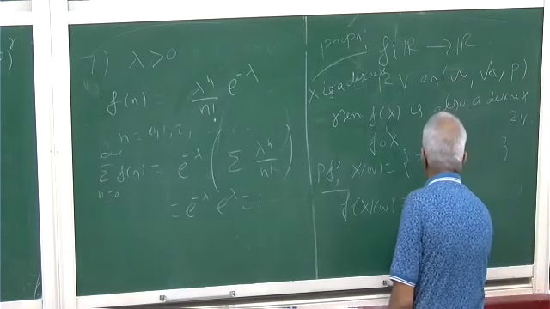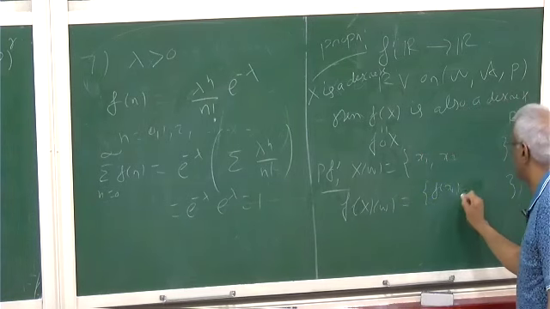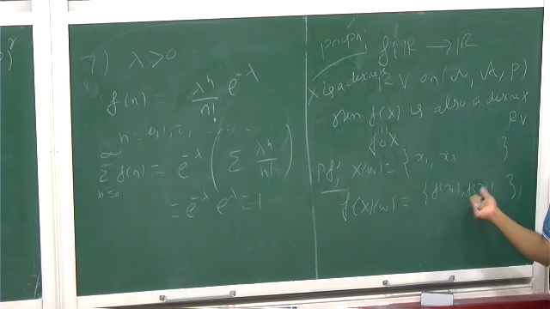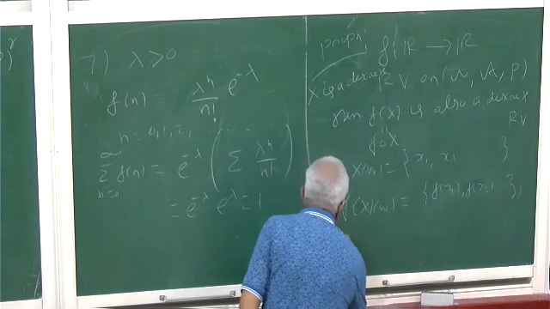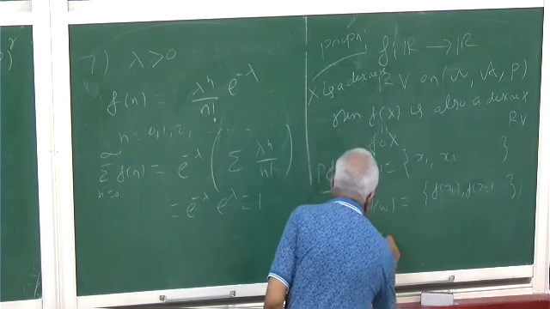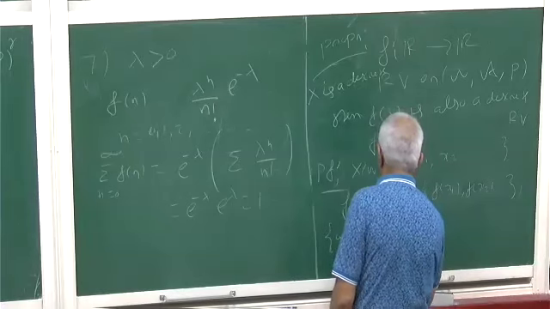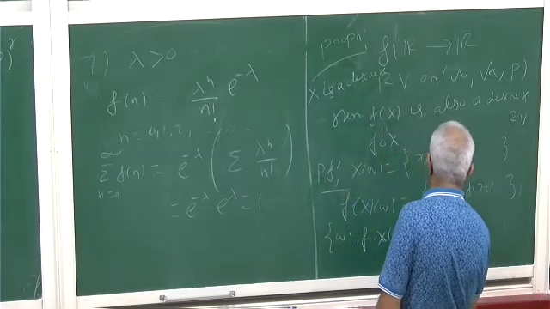F of x1, like this. So the values are discrete. So the range is discrete, and we have to consider those omega such that f of x of omega equals some f of xi.